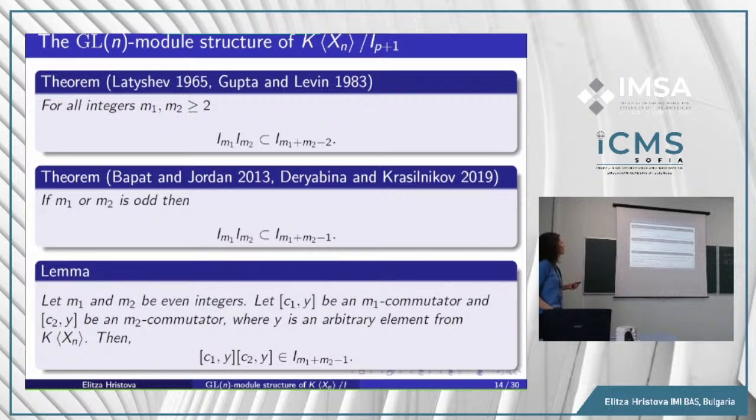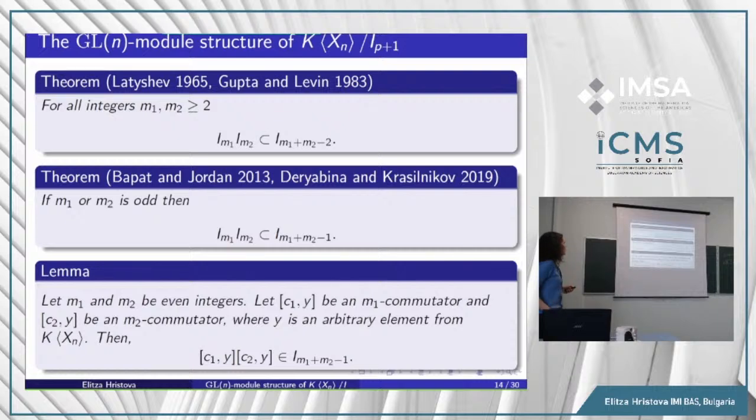And for arbitrary integers, this is the ideal that we go to. But if one of the integers is odd, then we have a better bound, because this ideal is smaller. You remember that we had a chain of ideals in the beginning, and the bigger the number here, the smaller the ideal. And so if one of the numbers is odd, then this product goes into a smaller ideal.